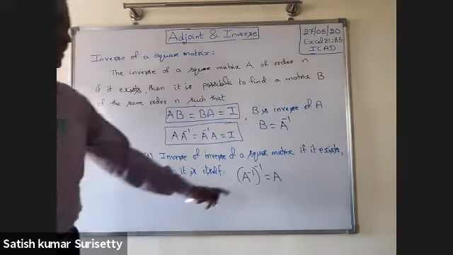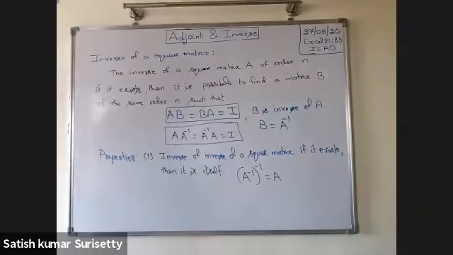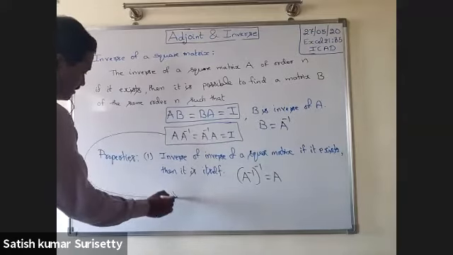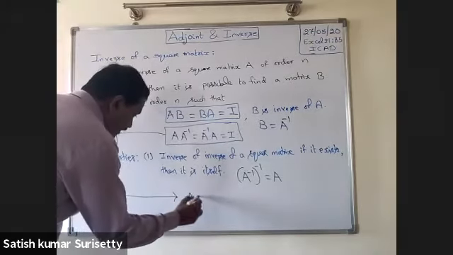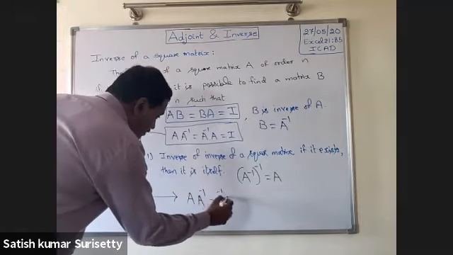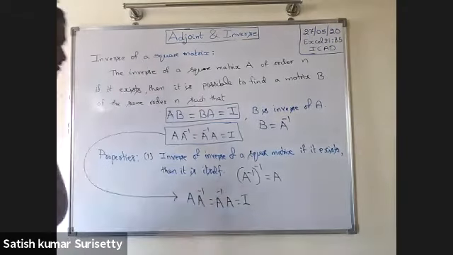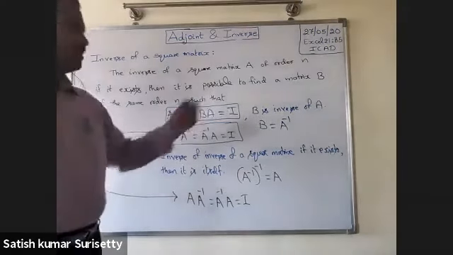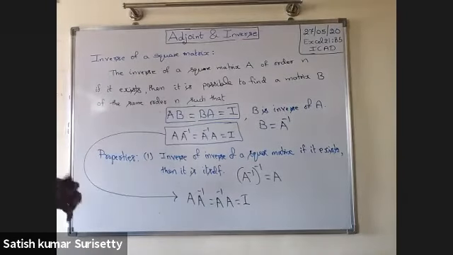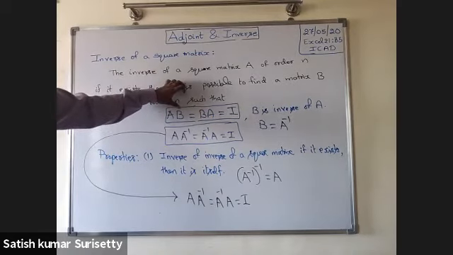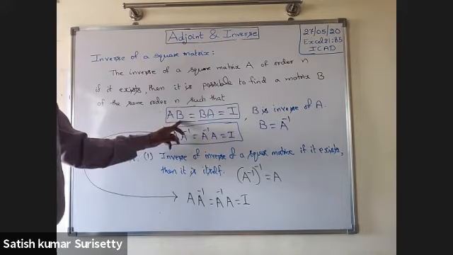How to give the explanation for this? Previously I have written A into A inverse equal to A inverse into A equal to I. It is like AB equal to BA equal to I. So for a given matrix A, if B is the inverse, then we can also say that for matrix B, A will be the inverse.